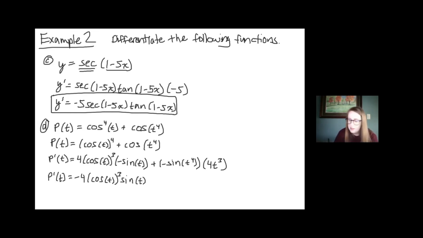The same thing happens in the second one, 2 things being multiplied together, one of them is negative. So we can just say minus sine t to the fourth times 4t cubed.